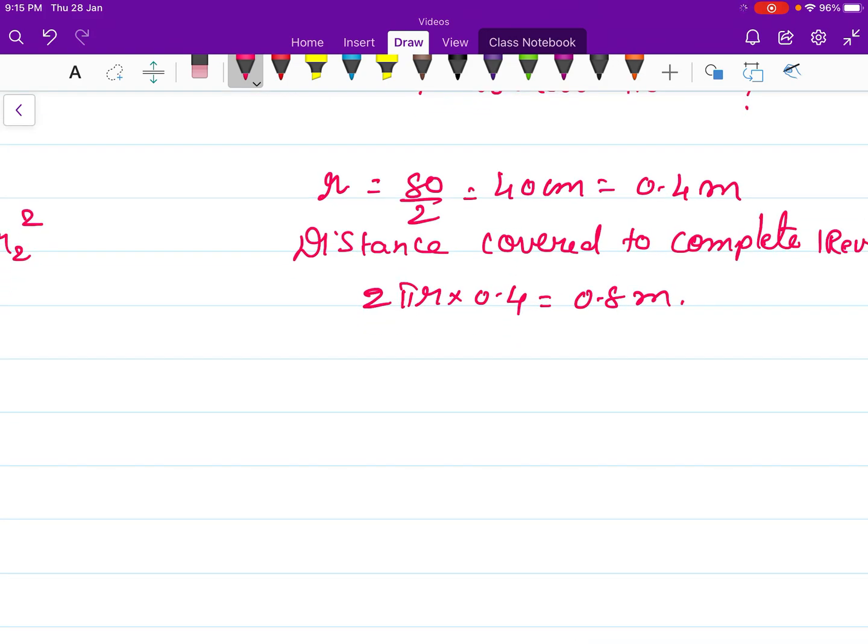Now the speed of the car is 66 kilometers per hour and it takes 10 minutes. So the distance covered by the wheel in making n complete revolutions in 10 minutes, for n revolutions, will be 0.8 pi into n meters.